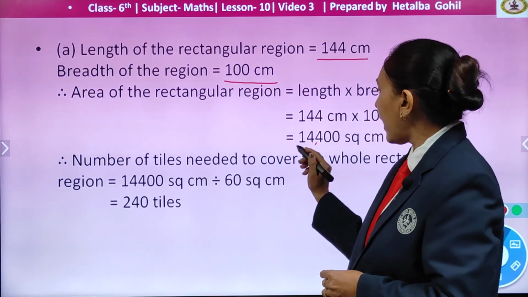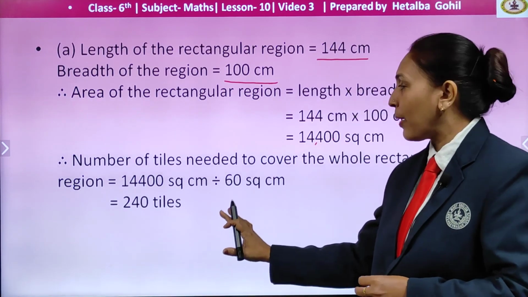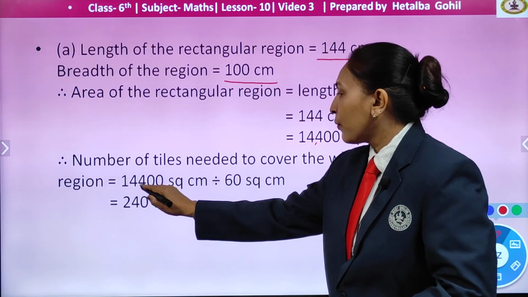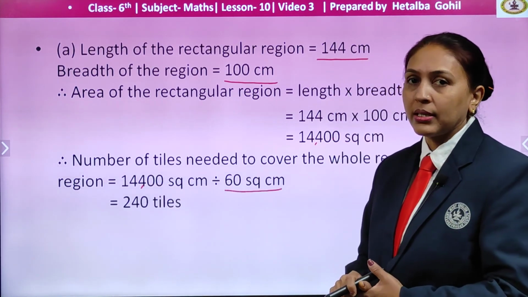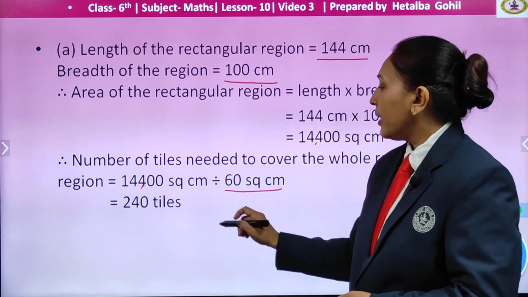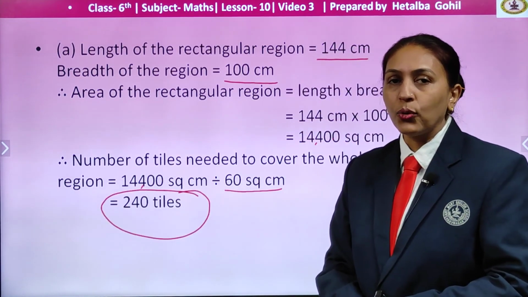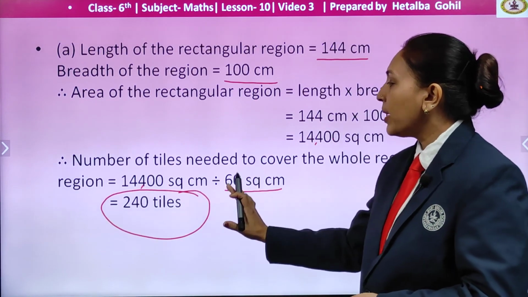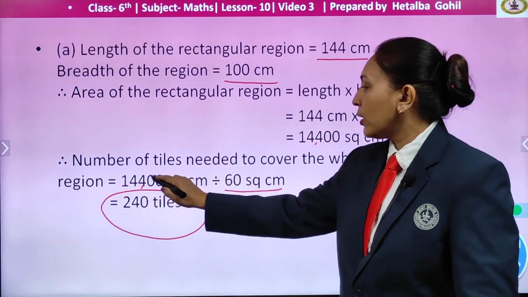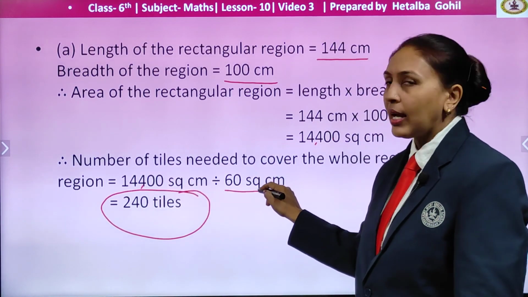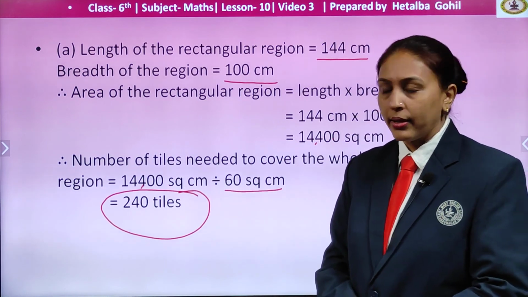So if you divide the total region by the area covered by one tile, 14,400 divided by 60 centimeter square, that is 240 tiles. So how many tiles are required in that region? 240. So the total area divided by the area covered by one tile will give you your answer.